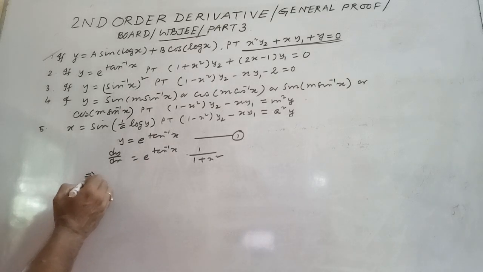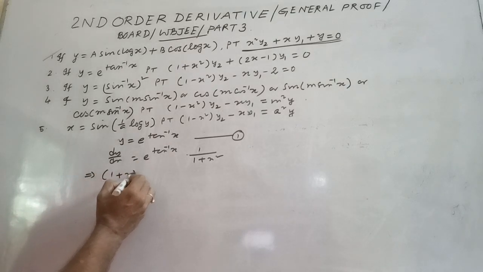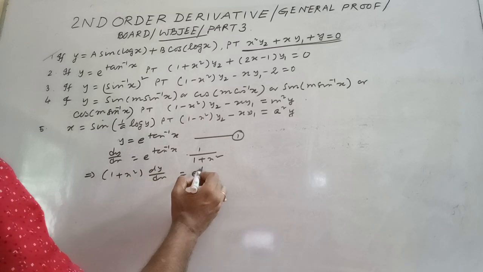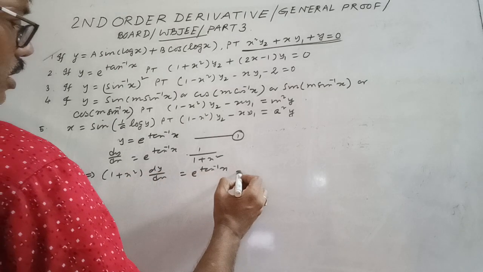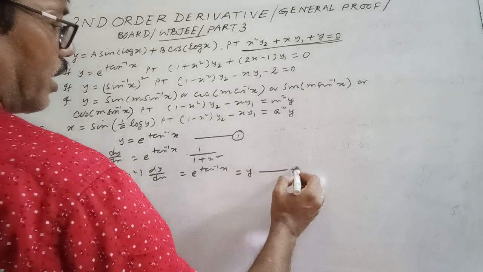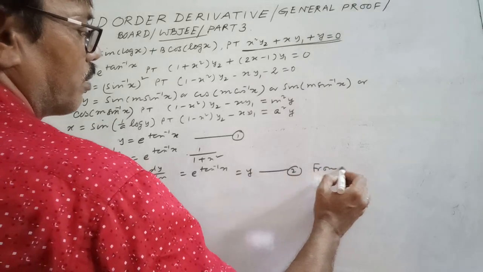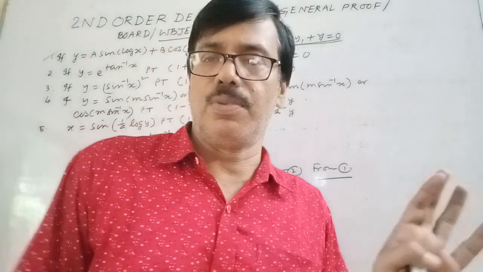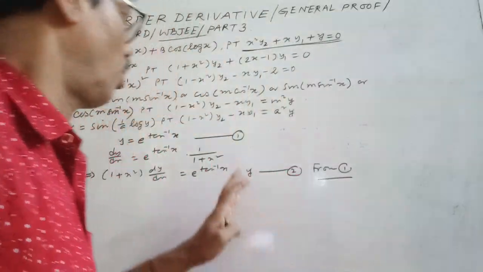Now to avoid the quotient rule, 1 plus x square into dy by dx equals e to the power tan inverse x, which equals y, and it is obtained from relation 1. So it is very simple to differentiate y.